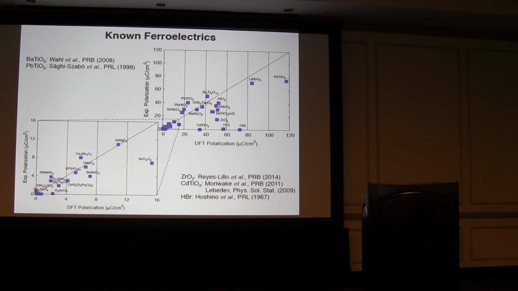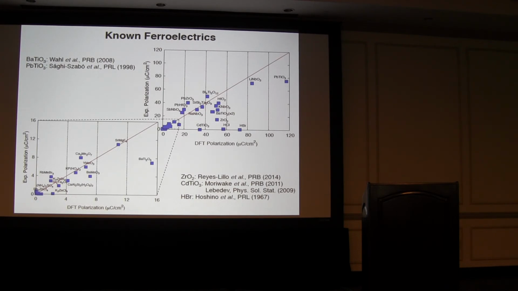Just as long as we're on this, the experimental polarization, I presume what you mean is the switchable polarization. Is that right? In other words, in the cases where it's zero, these things are just experimentally not switchable. Is that all it is? Yes, exactly. These values are taken directly from the hysteresis loop or from experimental measurements, and cadmium titanate is, for instance, thought to be incipient ferroelectric, so the polarization never shows up.